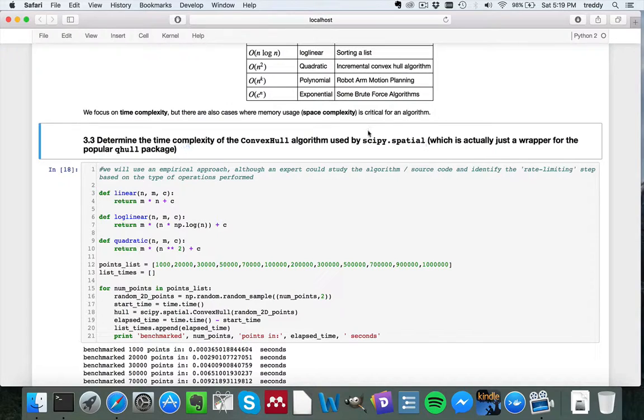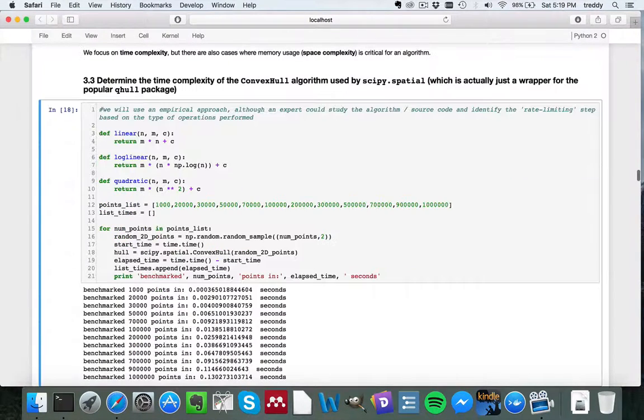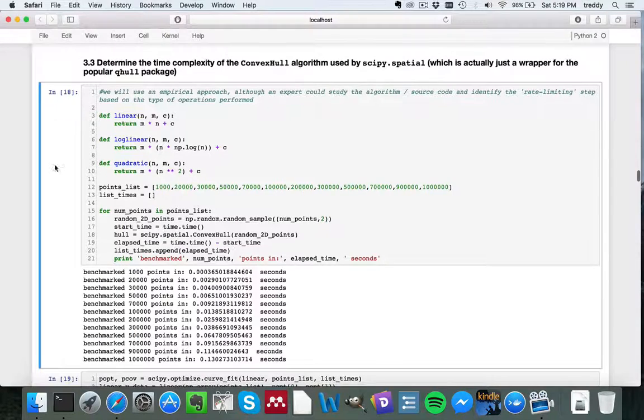And we're going to estimate the time complexity of the SciPy spatial convex Hull algorithm, which is of course just a wrapper, an API to the C language QHull package. So I basically have a number of different random sets of data points, up to 1 million data points here.